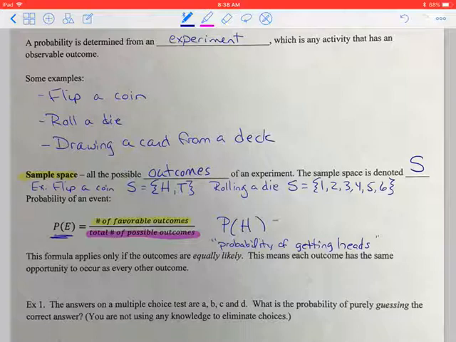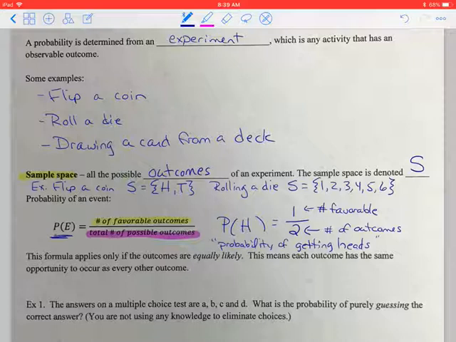If I flip a coin, only one side of the coin is heads, and there are two sides or two possible outcomes. On the top we have the number of favorable outcomes, the outcomes that give me what I'm asking for, which in this case is to get heads when I flip. And on the bottom we're going to have the total number of outcomes.